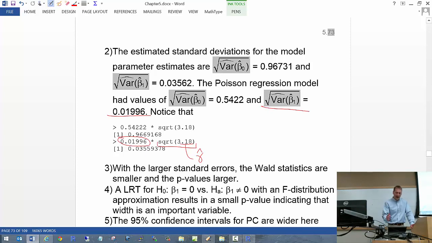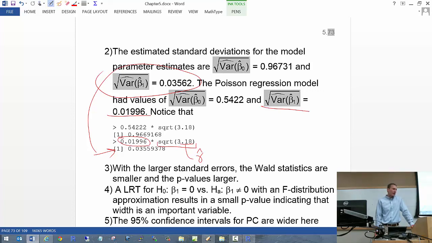If you multiply that out, guess what you get? 0.0355, which is exactly the same. Well, there are probably just some small numerical errors there. So that's how that's coming about.